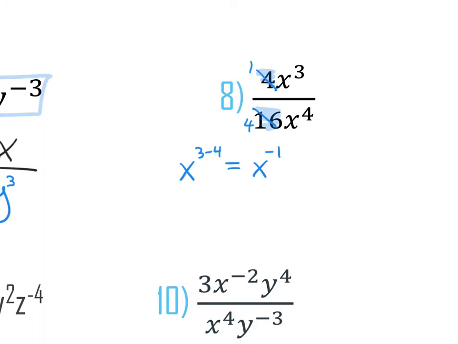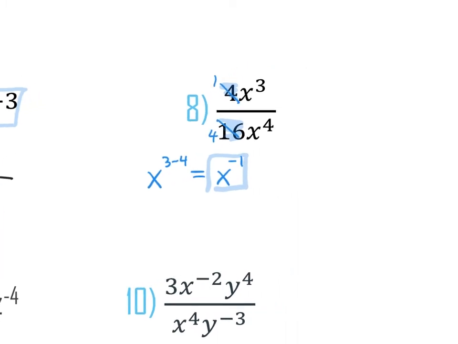Whenever you divide, and you end up with a negative answer after you subtract, you write that variable in the denominator. So my final answer here would be 1/4, and then you would write this x in the denominator. If this were a positive 1, you would have written it at the top. You're pretty good?